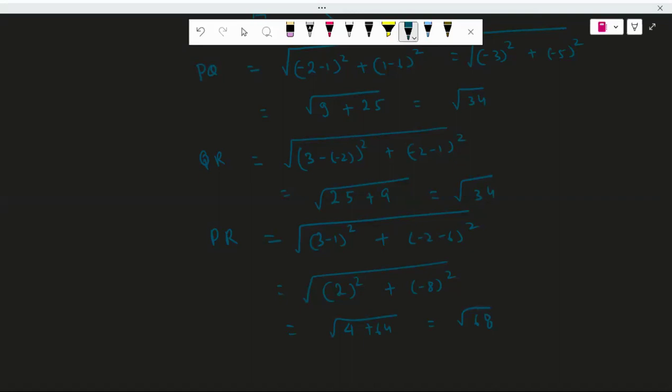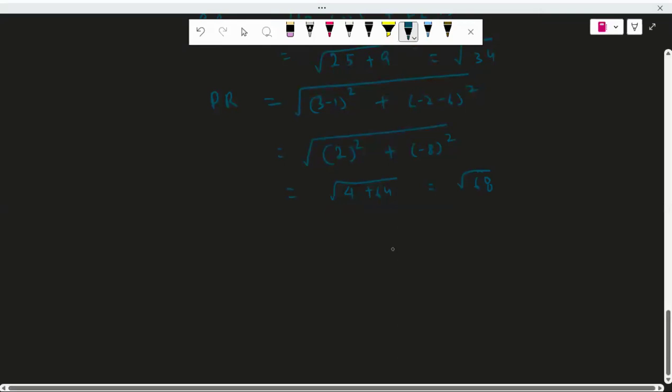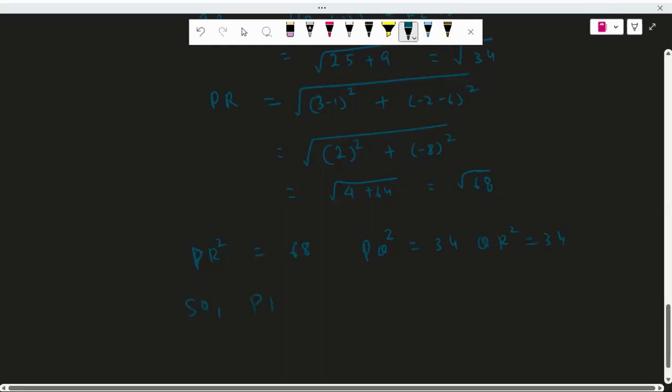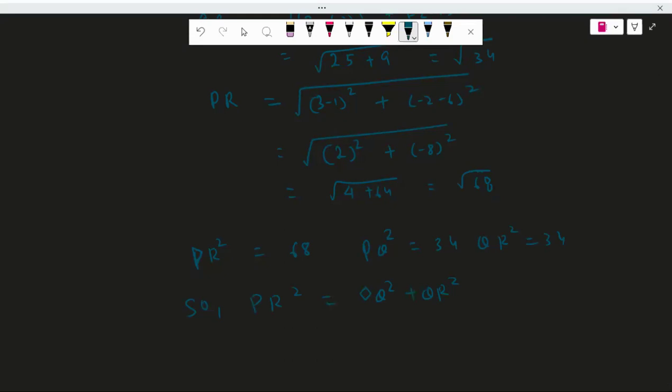So we can easily check that PR square is 68, PQ square is 34, and QR square is also 34. So PR square equals PQ square plus QR square. The square of the hypotenuse is equal to the sum of the squares of the other two sides.